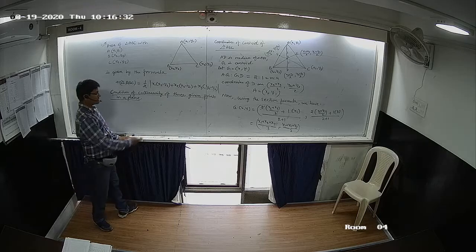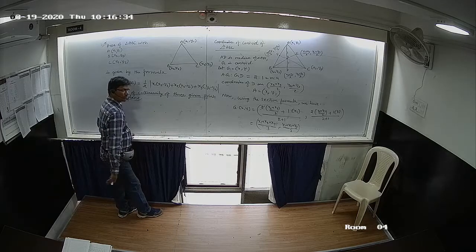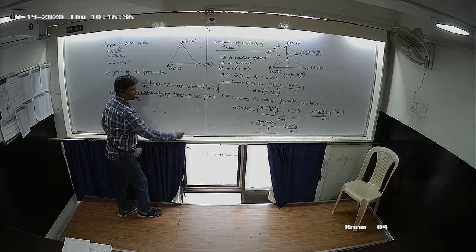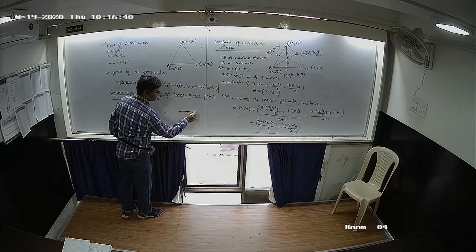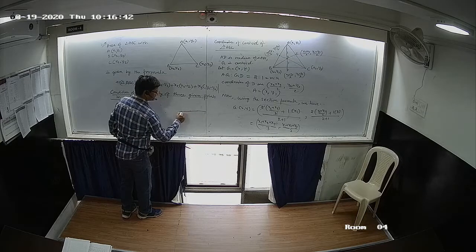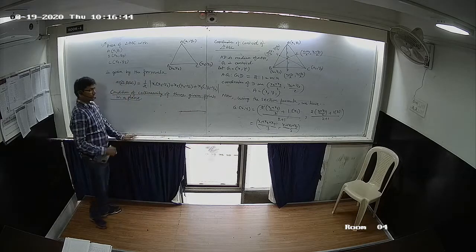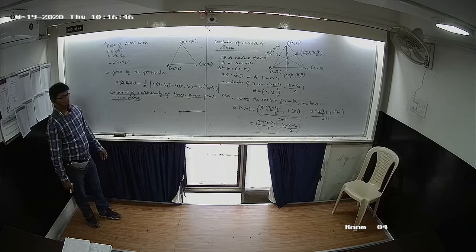In this case, the points are said to be non-collinear, and in this case, the points are said to be collinear. If you join them, you get a straight line. So, what are the conditions?